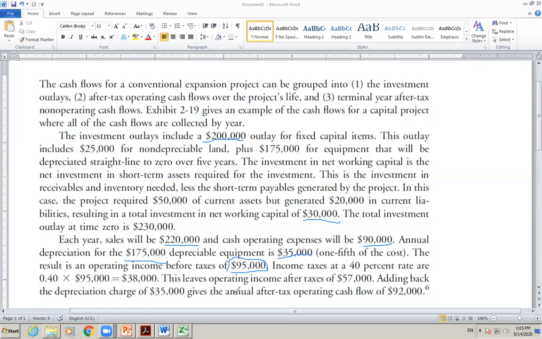With income taxes at 40%, the tax amount will be this. So this will leave us operating income after tax of 57,000. At the end, we add back the depreciation charge, a non-cash item of 35,000. So our annual after-tax operating cash flow should give us 92,000. So this is our aim. Here they just explain how to do it, but let us go by Excel function.